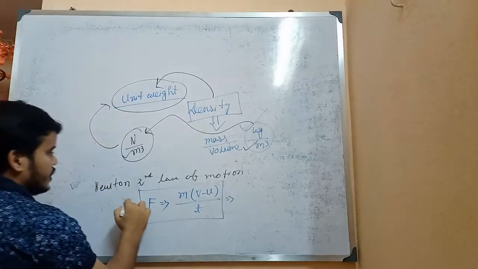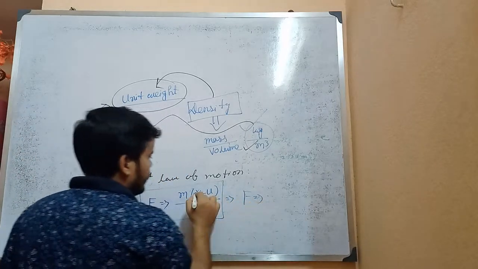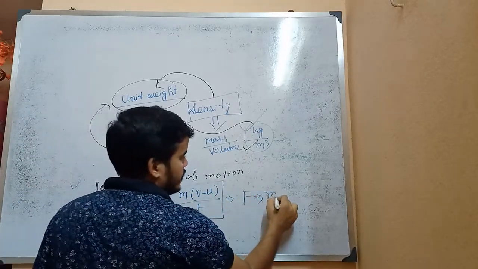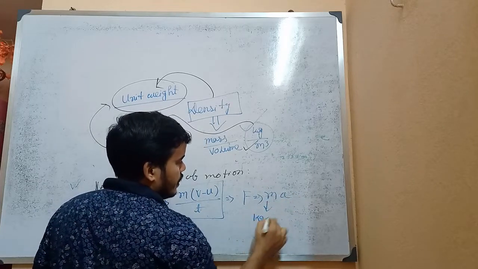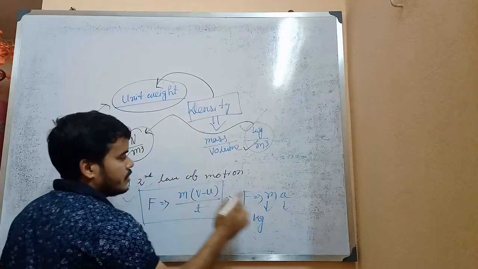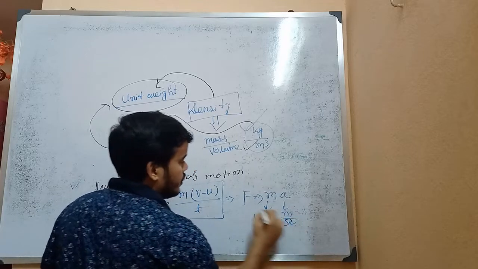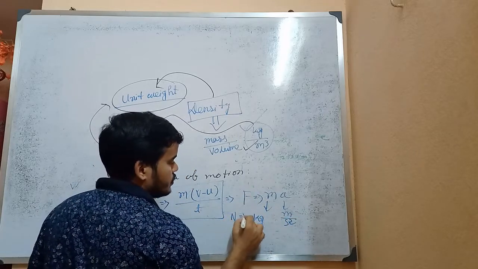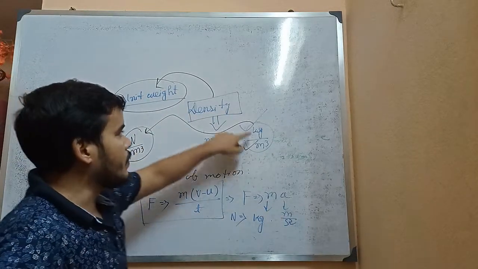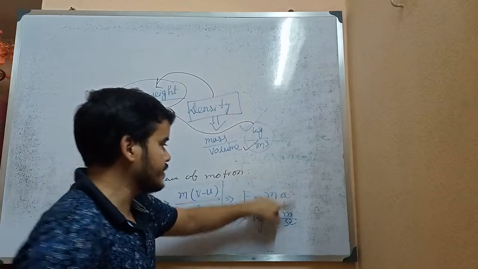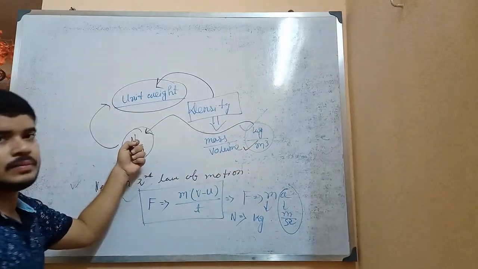This is the Newton's second law of motion. So from here, F equals to velocity by time means acceleration, M into A. Unit of M mass kg and unit of acceleration meter per second square. So force, Newton, equals to kg into meter per second square. So if we multiply acceleration with kg, then we will get the term Newton.